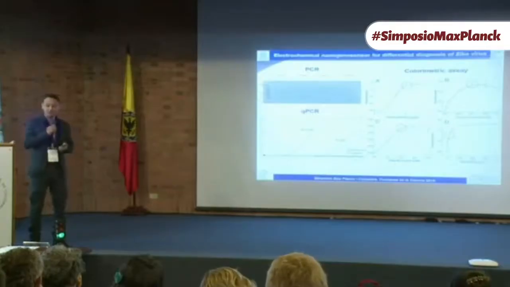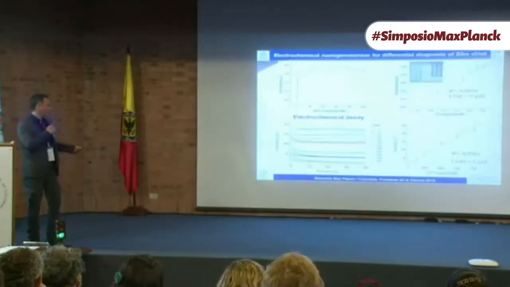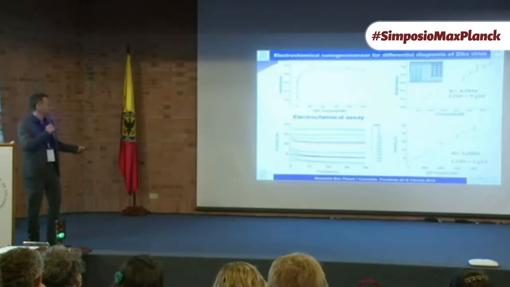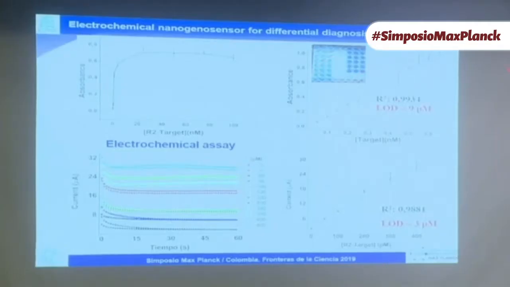So we need to optimize again neutravidin concentration, capture probe, signal probe concentration, and anti-digoxigenin HRP. Once we optimize all the variables, we can build calibration curves in the colorimetric format with a limit of detection of 9 picomolar. But also when we move to the electrochemical format, we can have similar detection limits.